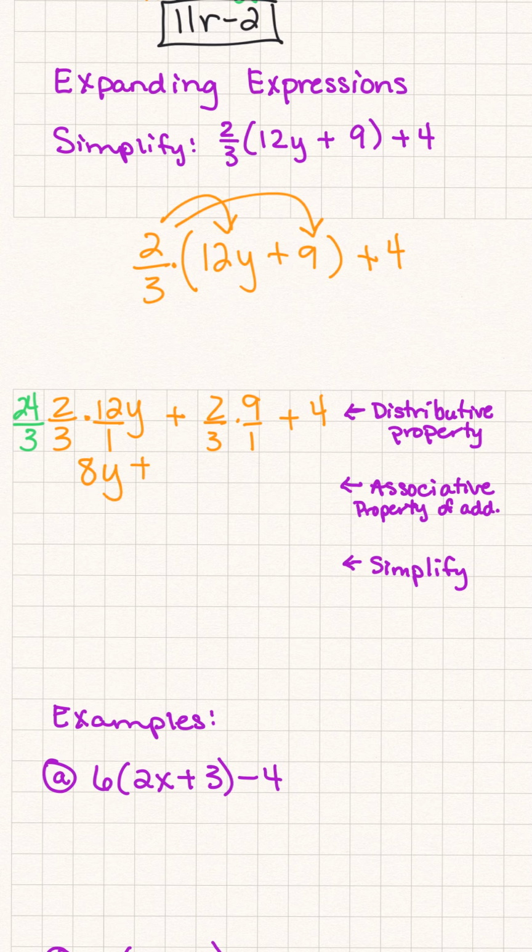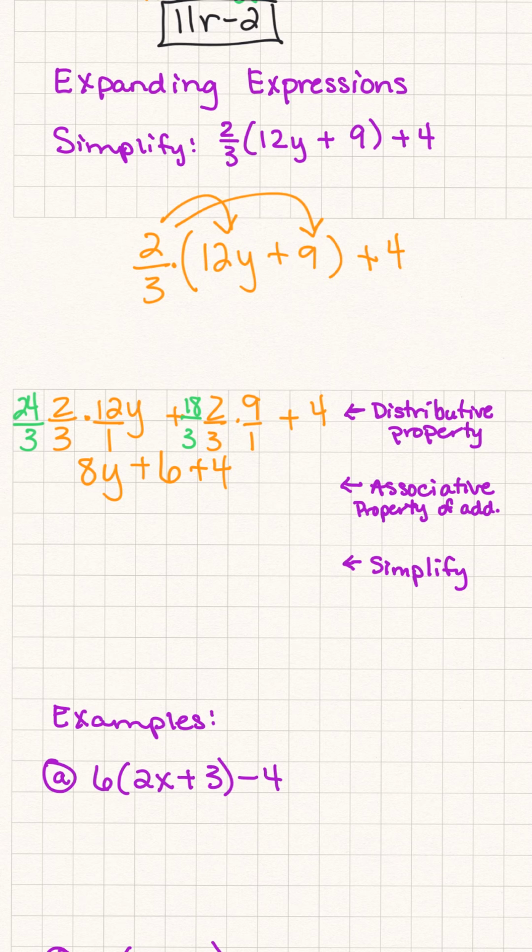These you could also do the same. You could also cross cancel to simplify. But let's go with 9 times 2 is 18. 3 times 1 is 3. 18 divided by 3 is 6 plus 4.